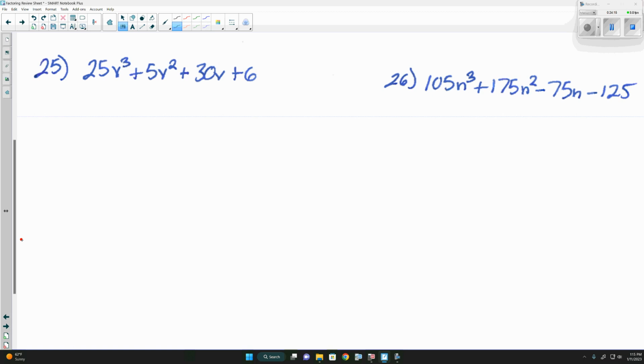So there's absolutely nothing wrong with pulling a 5 out from the very beginning. 5 out of 105 is 21 n cubed, plus 75 divided by 5 is 35.